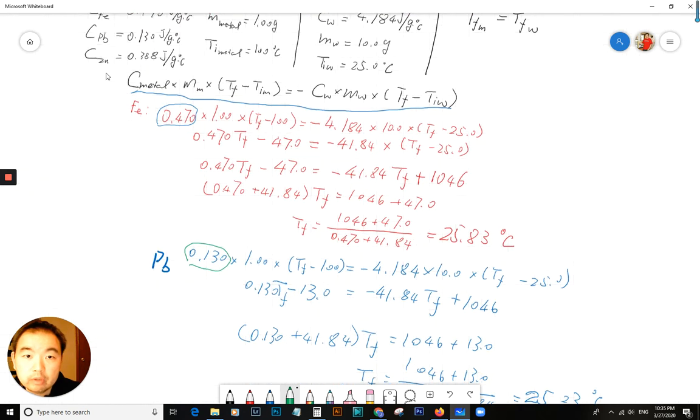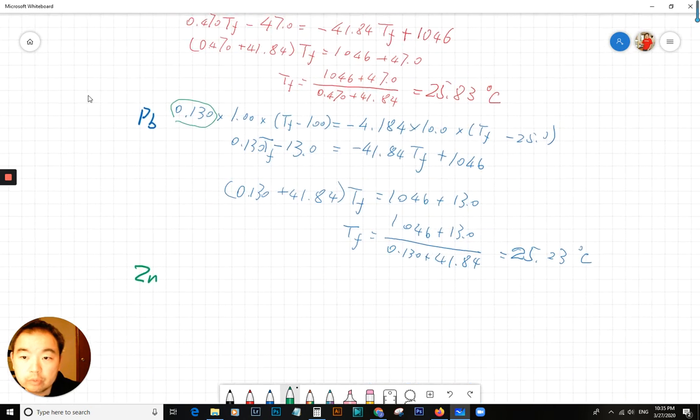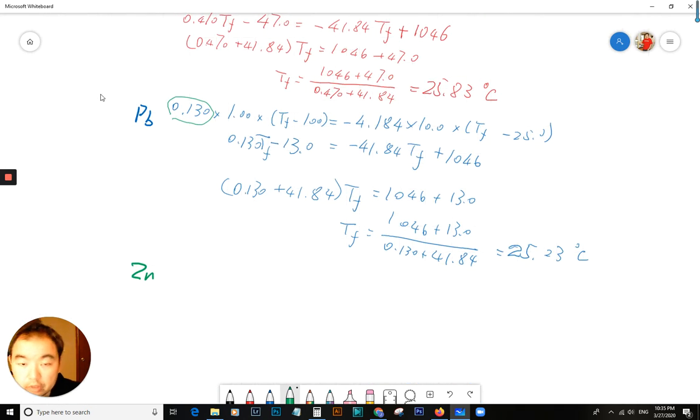The specific heat of the zinc is 0.388, so we put 0.388 here: 0.388 times 1.00 times T final minus 100 equal to negative 4.184 times 10.0 times T final minus 25.0.